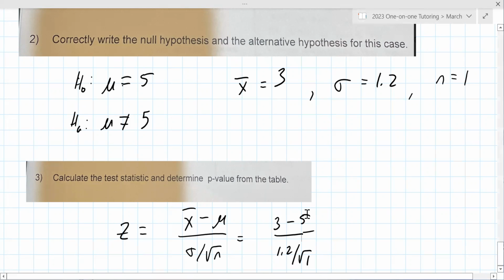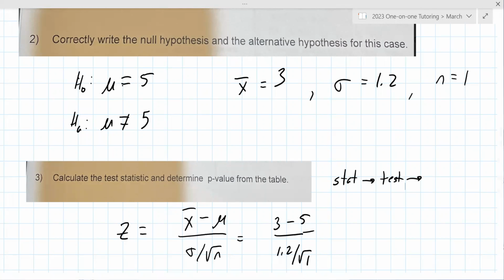Is that okay? Yes. Julia? Okay. Now you can go to your calculator and also calculate this. And in fact, we need it for the p-value. So you're going to go to stat test, and you're going to do the Z test.